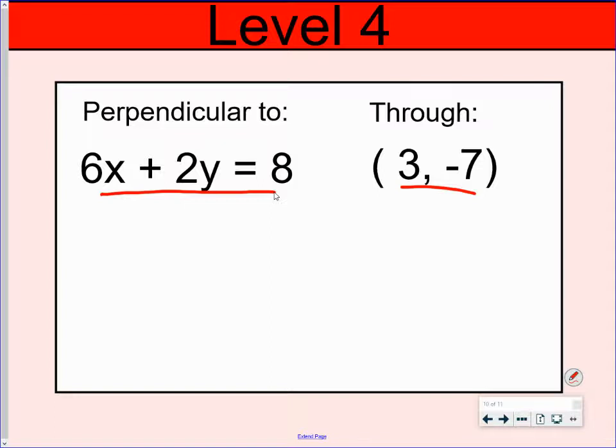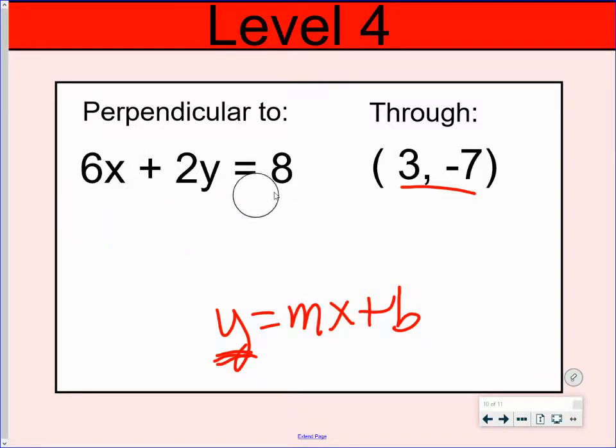If you remember from past units, in order to find the slope, we need to have it in the form y equals slope times x plus y-intercept. So we need to solve for y. We need to get y by itself.